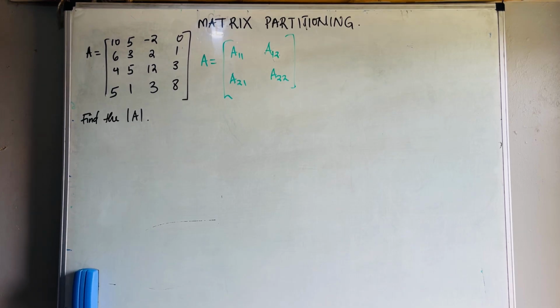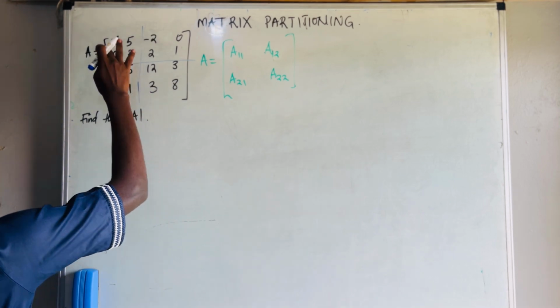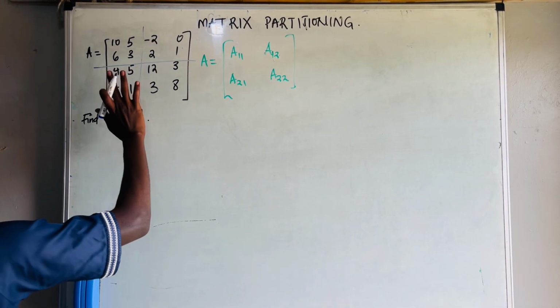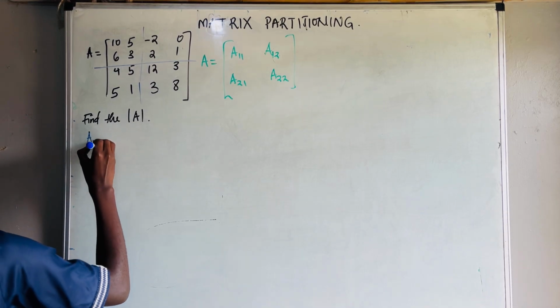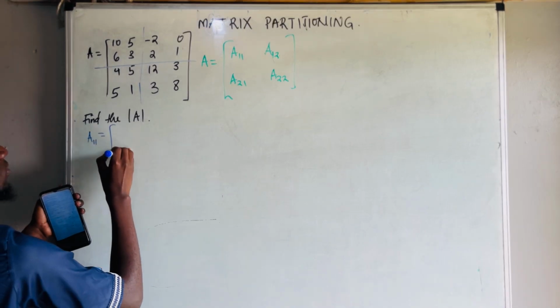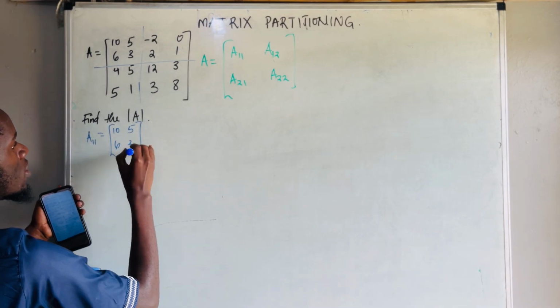I just divide our matrix in this way. If I put a line like this in the middle, I'll be able to get my A11, A12, A21, and A22. My A11 is going to be 10, 5, 6, and 3.